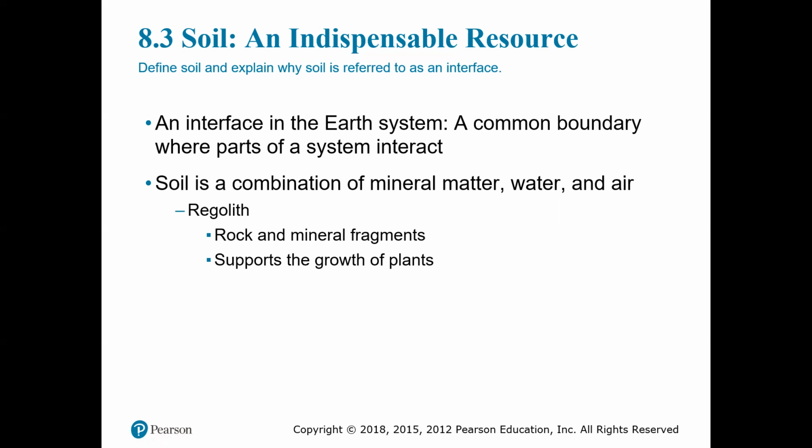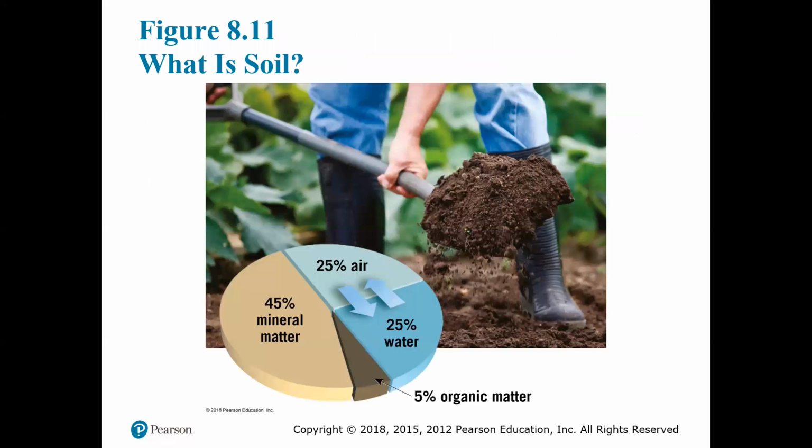So we have all of this debris plus some organic matter, water, and air. And of course, the organic matter, water, and air are what actually support the growth of plants. So these four components are always present in soil: mineral matter, air, water, and organic matter.